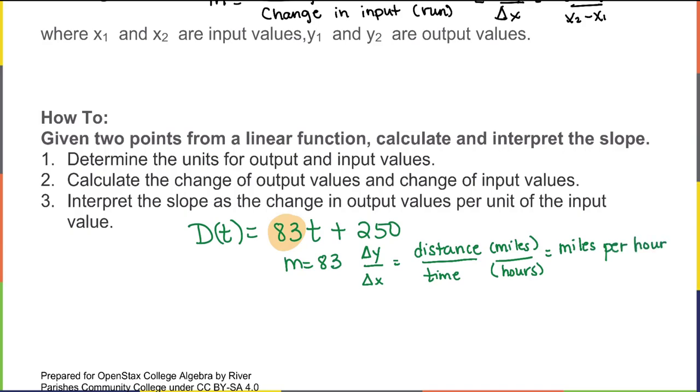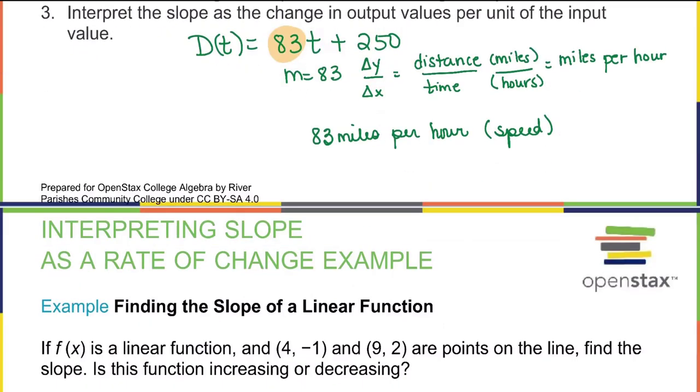So our slope of 83 is the distance the train travels. It changes for the function where the distance is a function of the time. The train changes its distance 83 miles per every hour traveled. So for each hour traveled, it changes the distance by 83. So that's what the function means in this case. In this case, that would represent a speed, that rate of change.